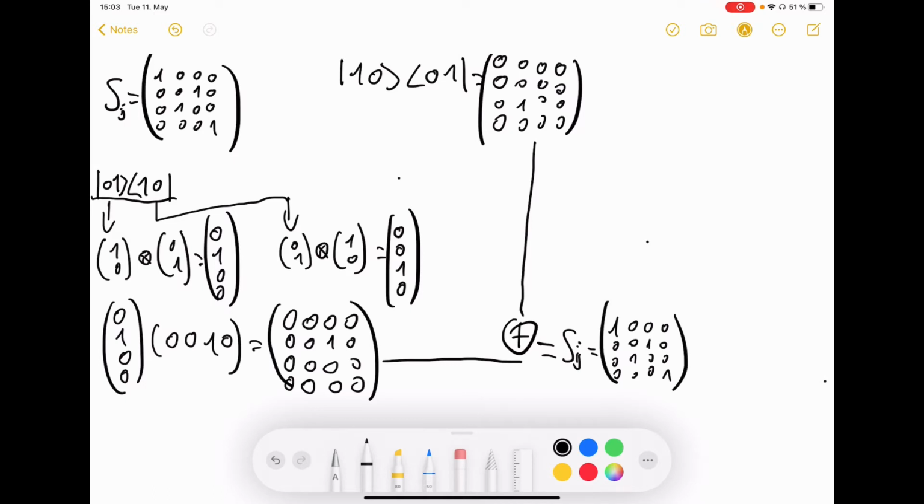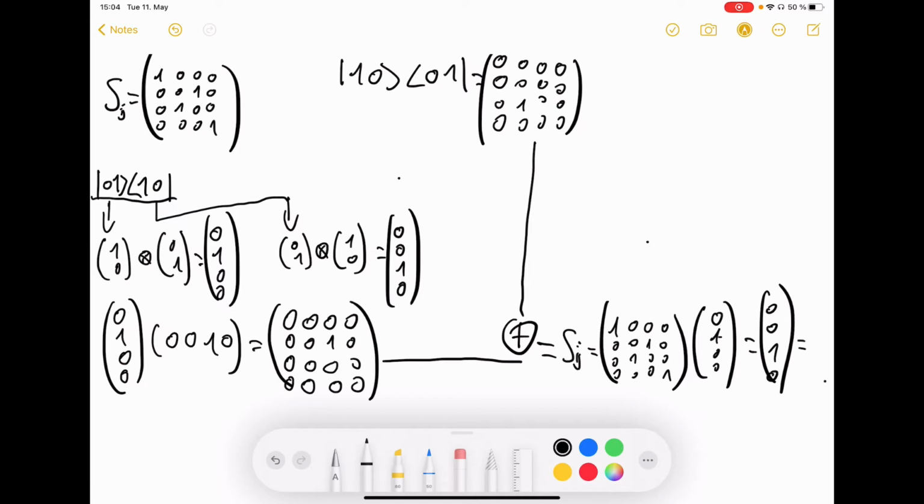Okay, and now we apply it to the state 1, 0, or let's apply it to the state 0, 1 first. So we take 0, 1, 0, 0 here, and if we multiply that out, we get 0 for the first row, so we have 0 times 0, 0 times 1, 1 times 0, 0 for the second row, so we have 1 here in the third row.